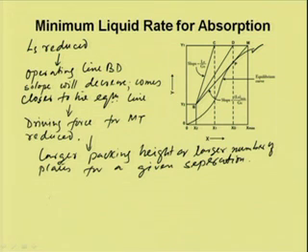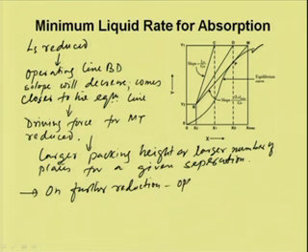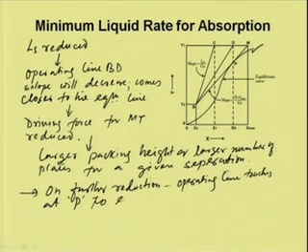So, on further reduction the operating line touches the equilibrium line at point P. At this point the driving force for mass transfer is 0.